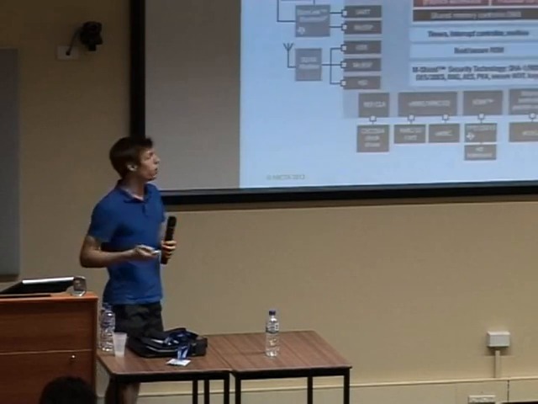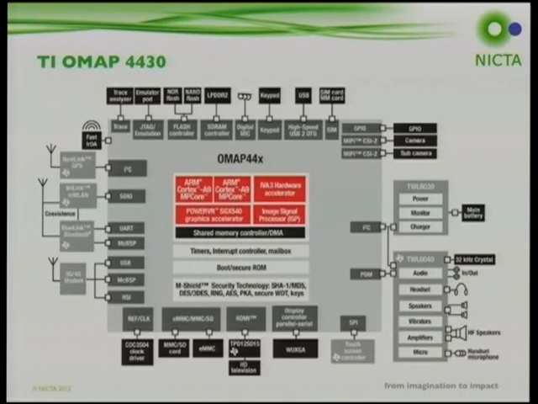So this is the chip itself. The things around the outside are the things attached to it. You can see in the middle we've got the things in red, the compute cores. There's more than just the Cortex A9s and the Cortex M3s on there. There's DSPs and video accelerators and decoders and all sorts of stuff, and facial recognition units and everything, but they all have different instruction sets.